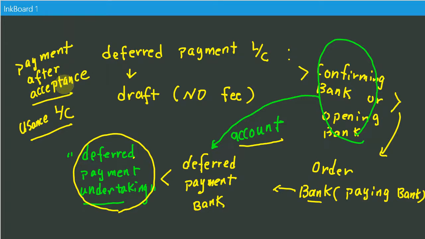One distinction between these systems is that in the case of deferred payment letter of credit, they do not request a draft. This is a big difference. No draft required.